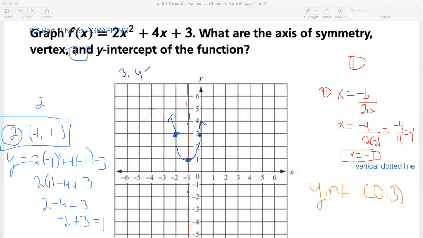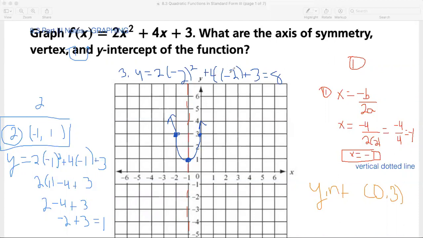So y equals 2 times negative 2 squared plus 4 times negative 2 plus 3. Negative 2 squared is 4, and 4 times 2 is 8.